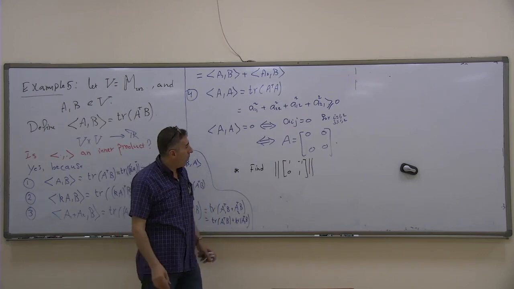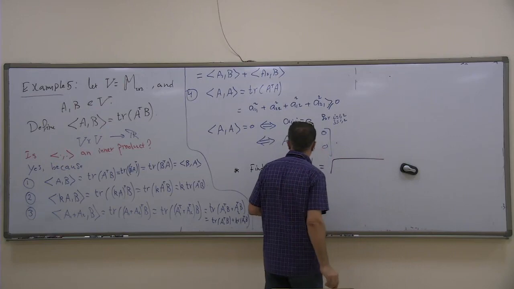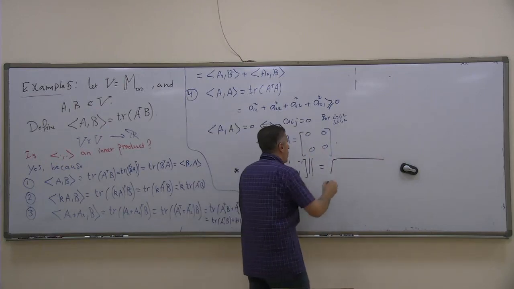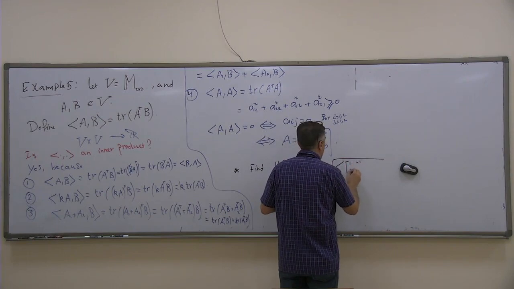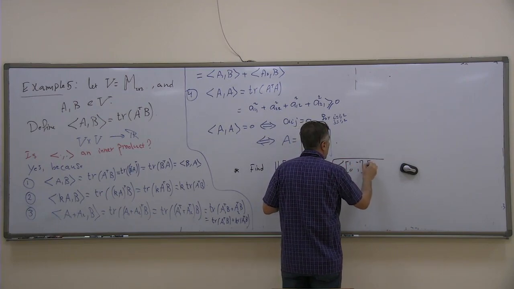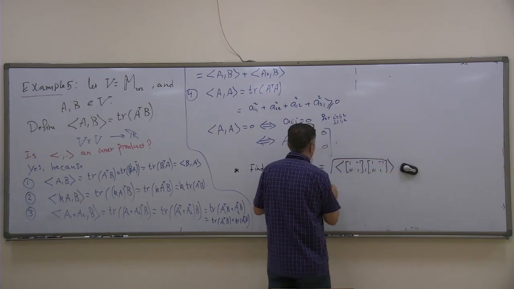Well, according to the definition, this is going to be the square root of this inner product with itself. So here it is, inner product of 1, -1, 0, 1 with itself. And what is that going to be?